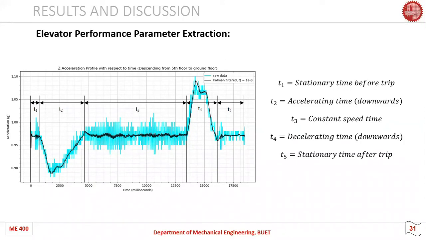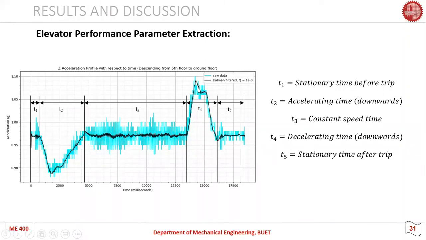Since the elevator is descending from the 5th floor to the ground floor, we can see that T1 here is the stationary time before the travel, T2 is the acceleration time from the 5th floor downwards, T3 is the constant speed time, T4 is the deceleration time, and T5 is the stationary time after the trip.